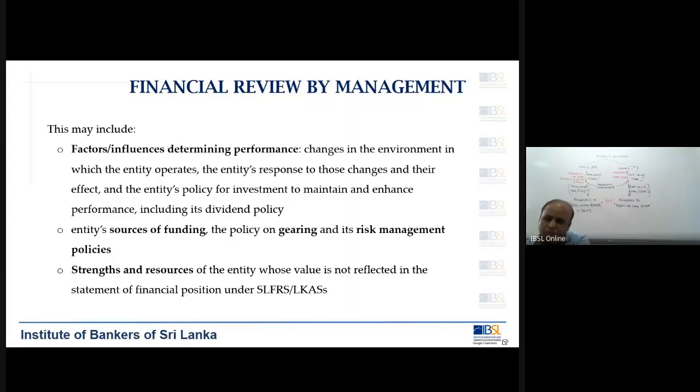Now, say for example, in the current context, the COVID-19 pandemic is having a greater impact on organizations, especially on the banks.